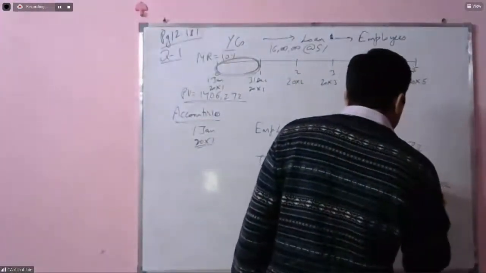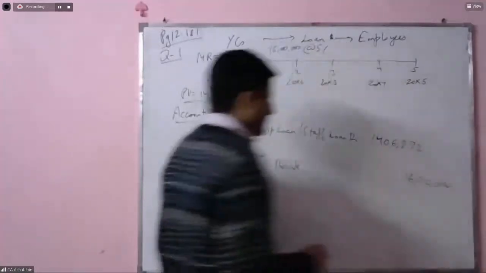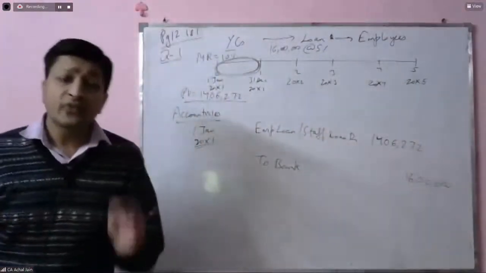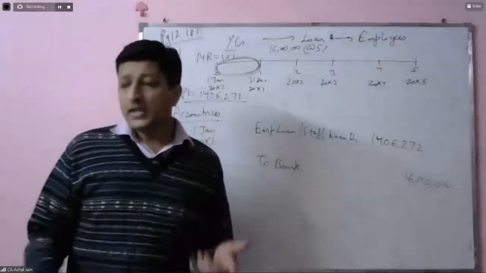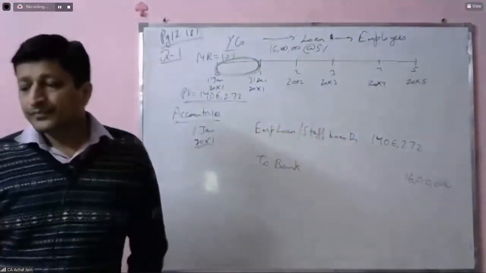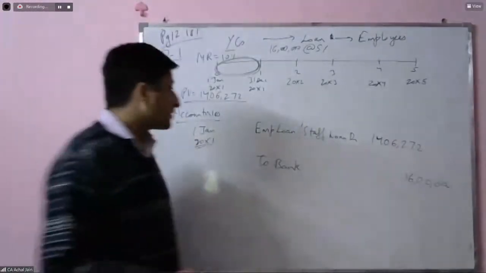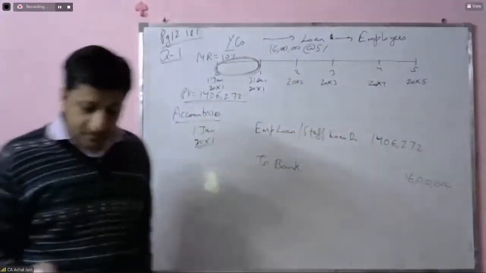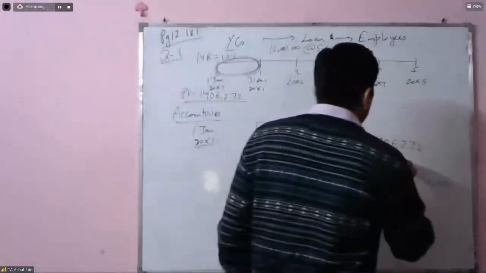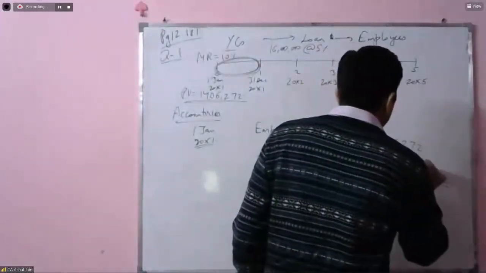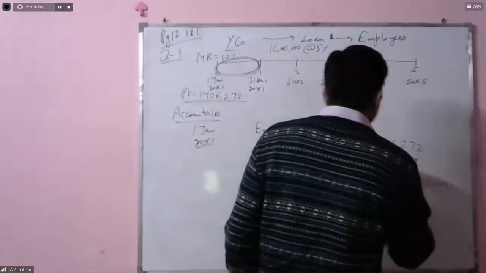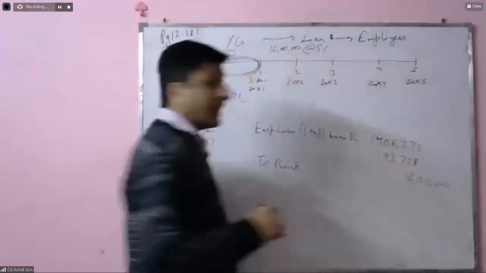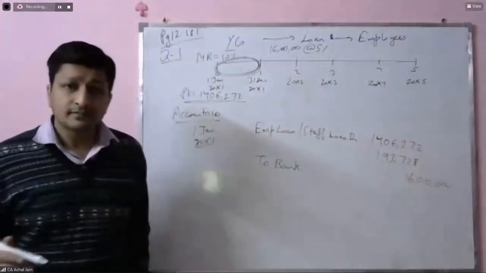So the money which is paid out is 16 lakhs. So what's the difference over here? You remember? What's the difference? The difference is 1,93,728. That's the difference. And what will this difference become?